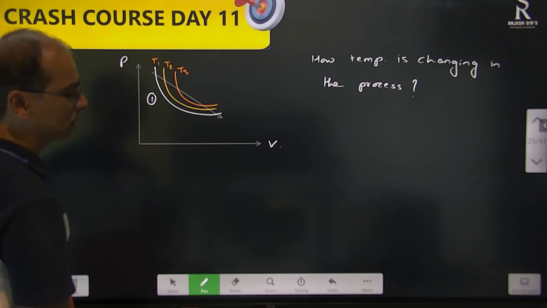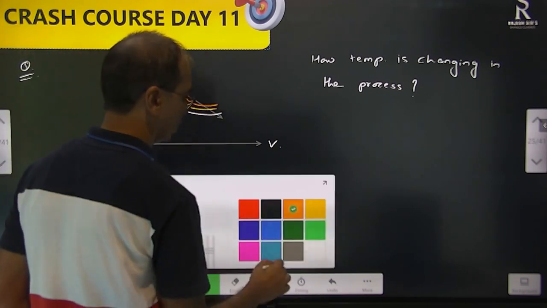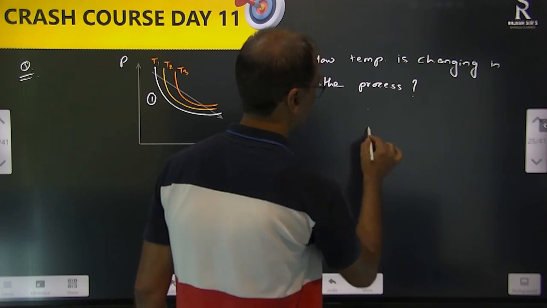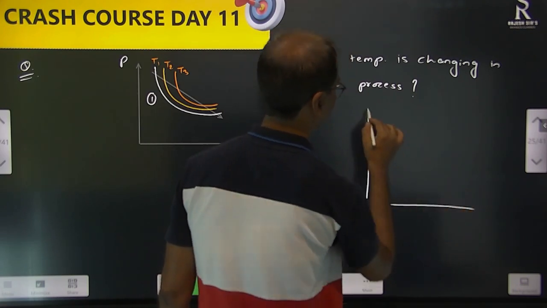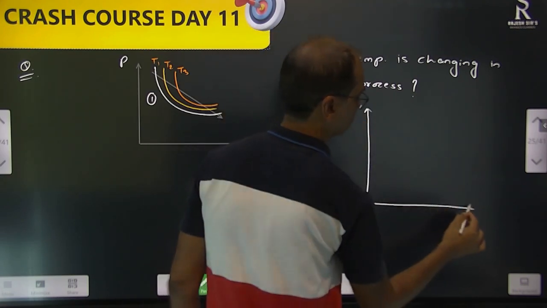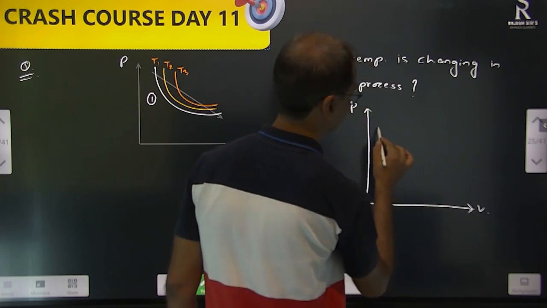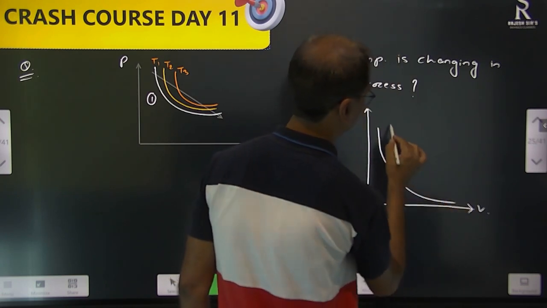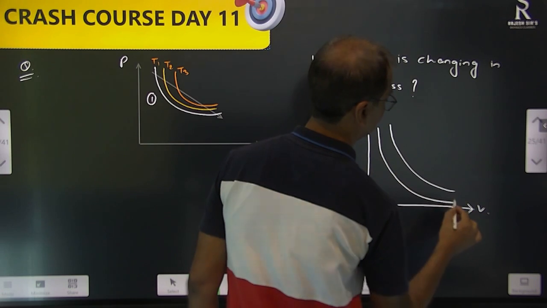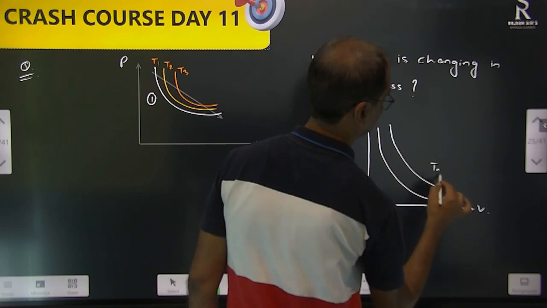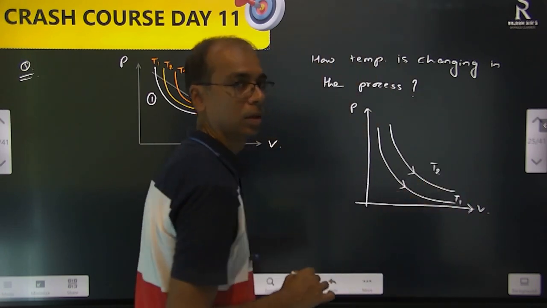Now suppose the same PV graph I make here and I ask you the same thing. This is a PV graph. A little while ago we have done it. This is one isotherm, this is another isotherm. This is T1, this is T2. Now I asked you whose temperature is more.